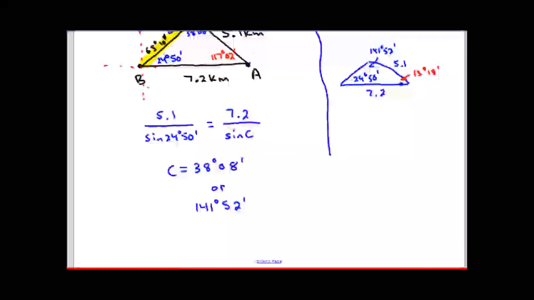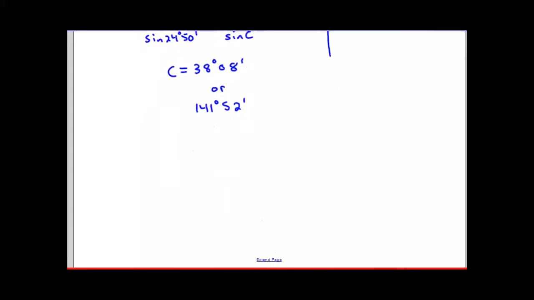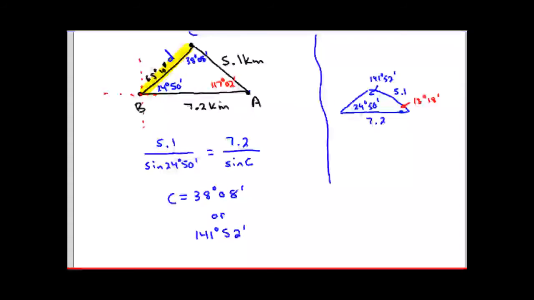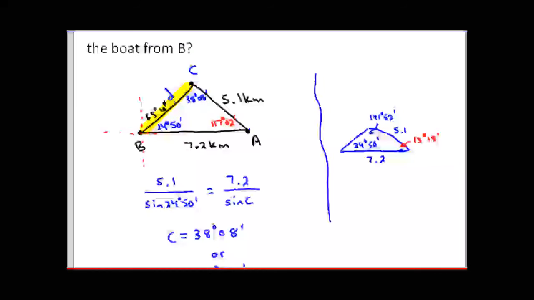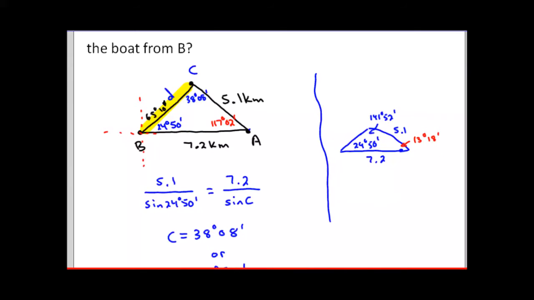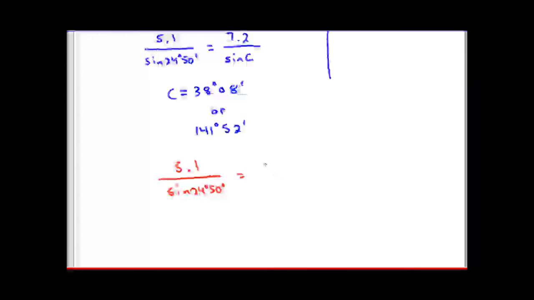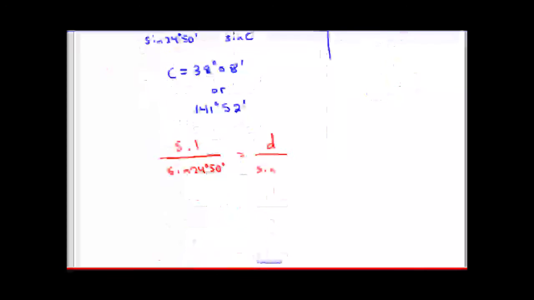Okay, in this first triangle right here, if we stick with our angle side pair, right, 5.1 over sine of 24 degrees, 50 minutes. In this first triangle, that's going to equal D over the sine of 117 degrees, 2 minutes.